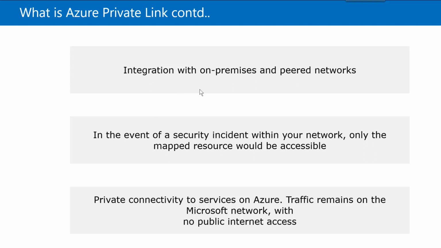That means you are reducing the attack surface, and it is not going to impact everything, right? And the most important part is that your traffic is going to go on the Microsoft network without any public access. That means it is more secure.